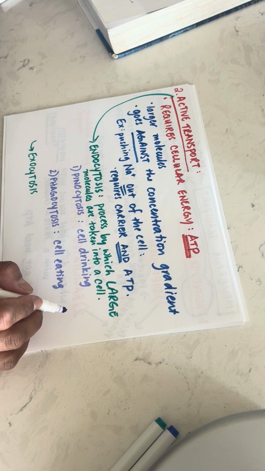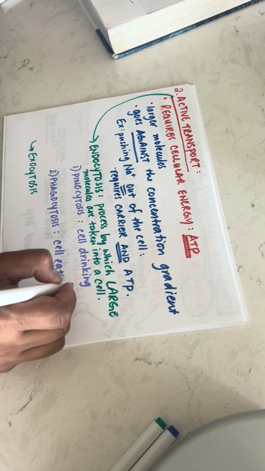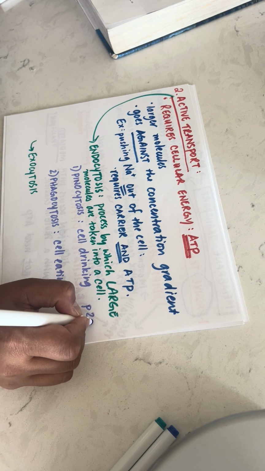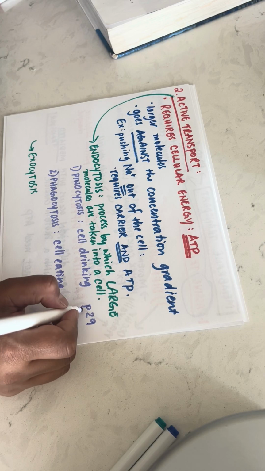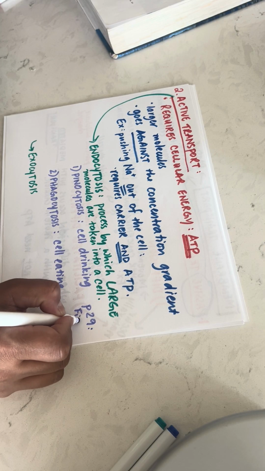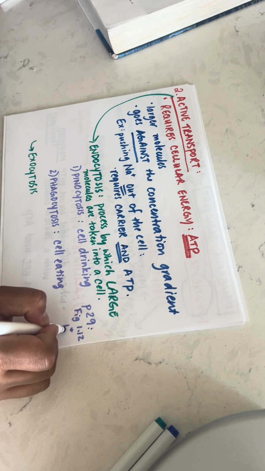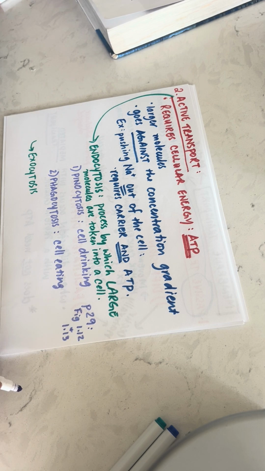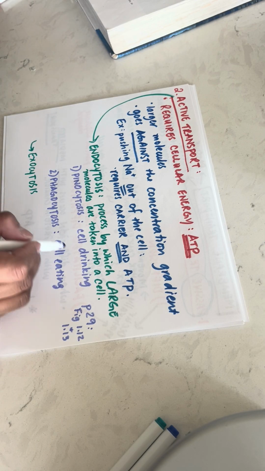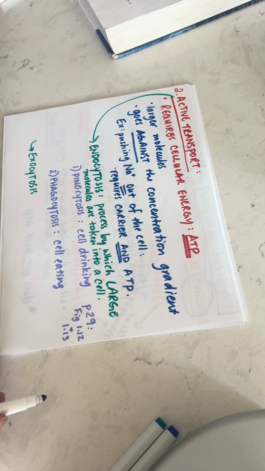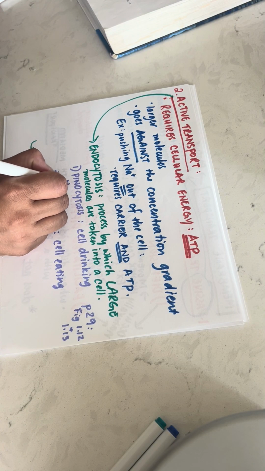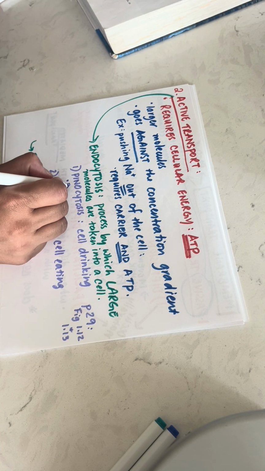If you look on page 29 in your textbook, and you look at figure 1.12 and 1.13, it'll help you understand a little bit more of this. Pinocytosis is cell drinking. It is basically a process that allows proteins to enter into the cell.